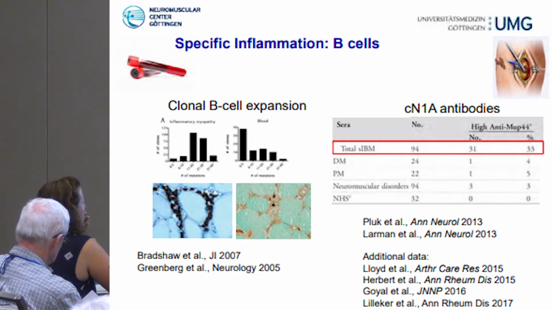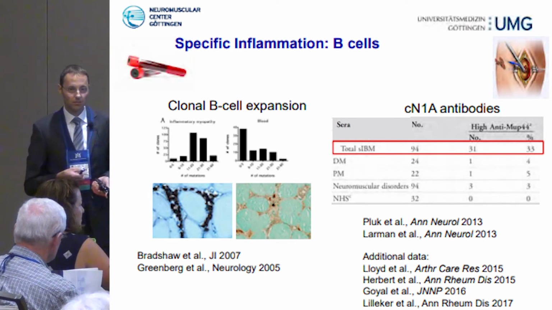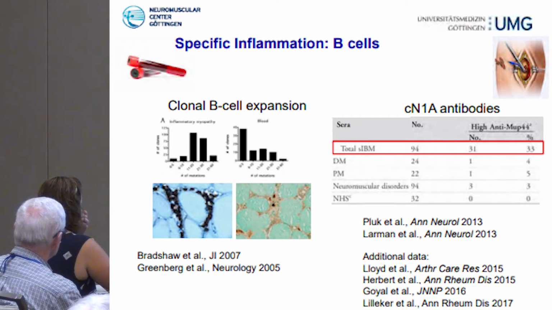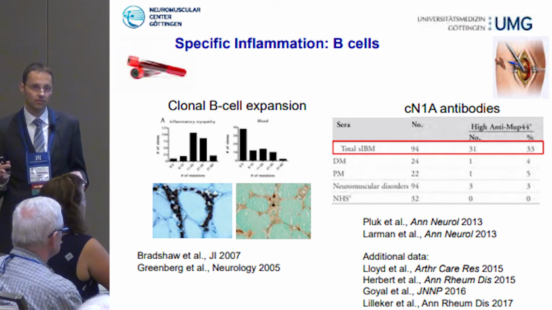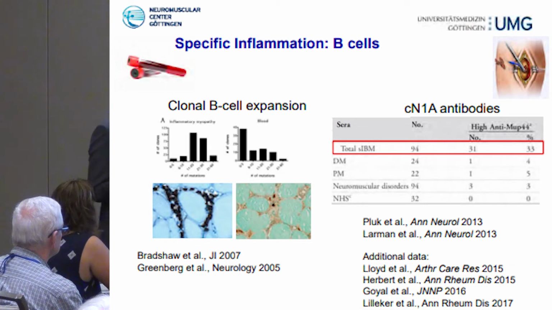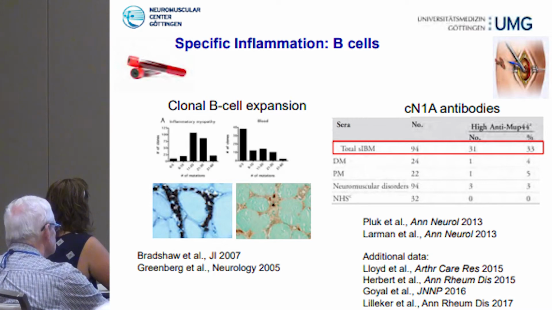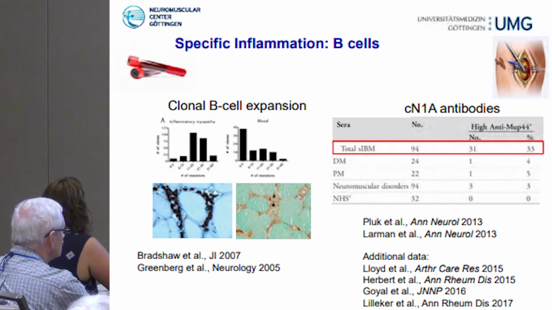Many of you know that there is an antibody, the CN1A antibody. This is an antibody that circulates in about a third of all IBM patients across all countries. So it is not in every patient, and it is not only present in IBM. You see a few patients with other inflammatory conditions of the skeletal muscle, and they also produce this antibody.